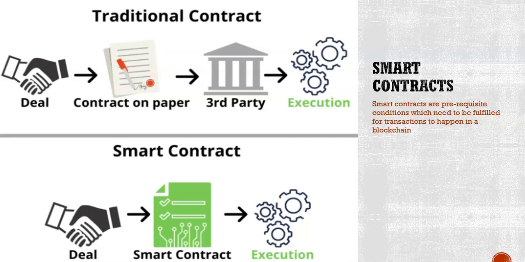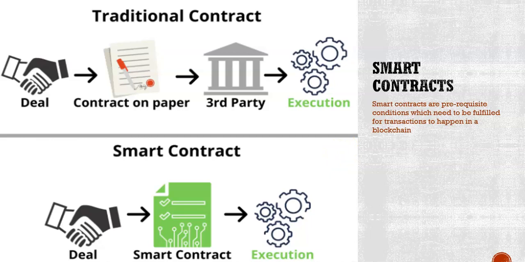Whatever is given in the contract, the conditions can be programmed as an automated program. Whenever two people come into some kind of a deal, they write down the contract and put it on the blockchain, and finally it comes up for execution. When the conditions are met, the contract will execute.